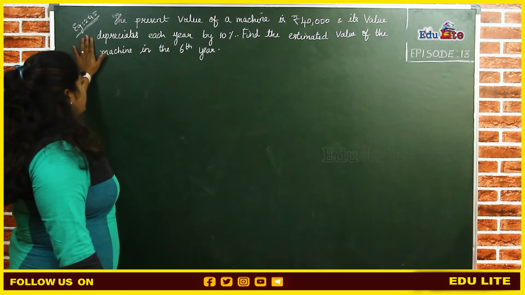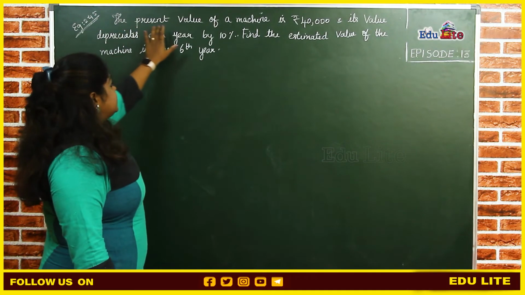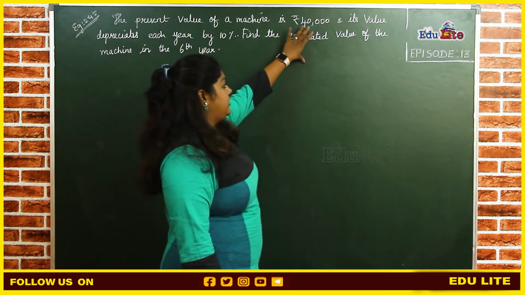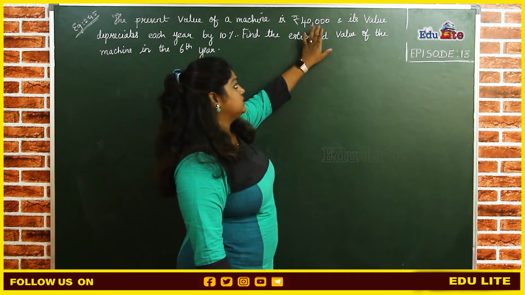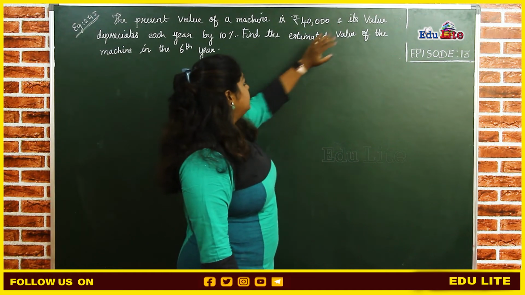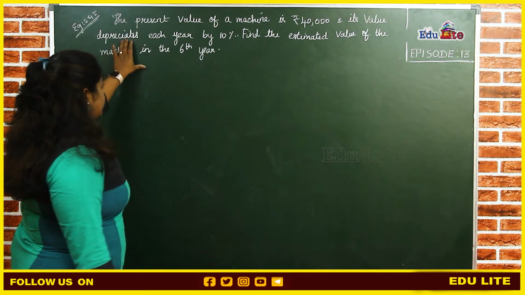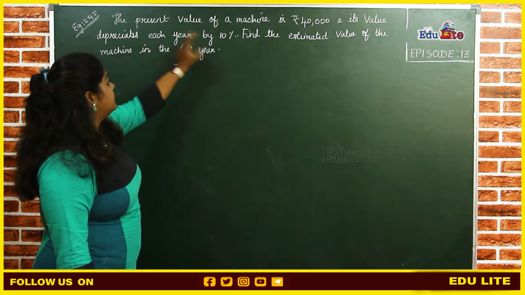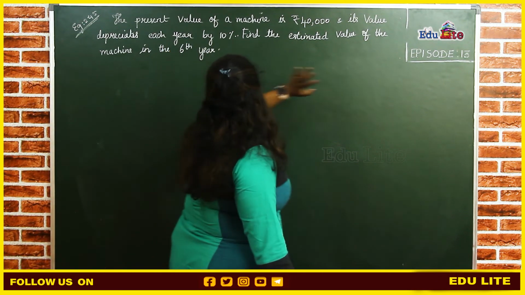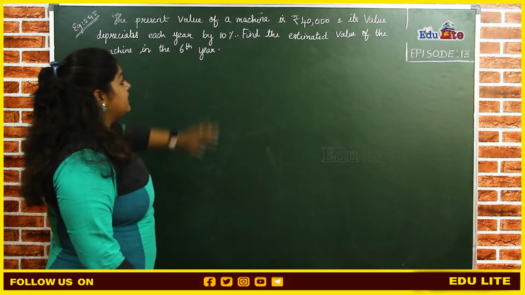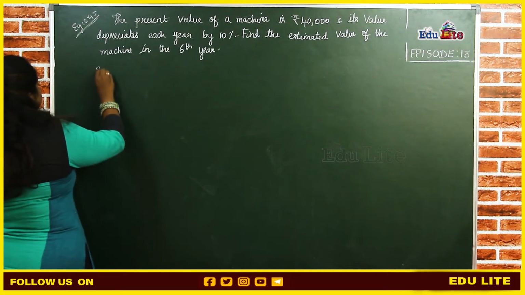In example 2.45, the present value of a machine is rupees 40,000, and present value in the sense we have to consider this 40,000 as the value of A, and its value depreciates, that is reduced by 10% each year. We have to find the estimated value of the machine in the 6th year. So let us do so.